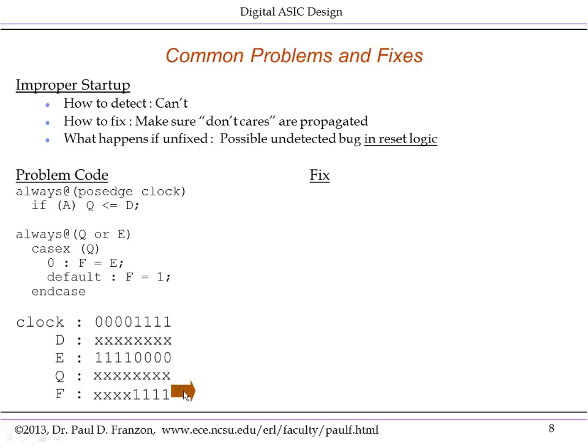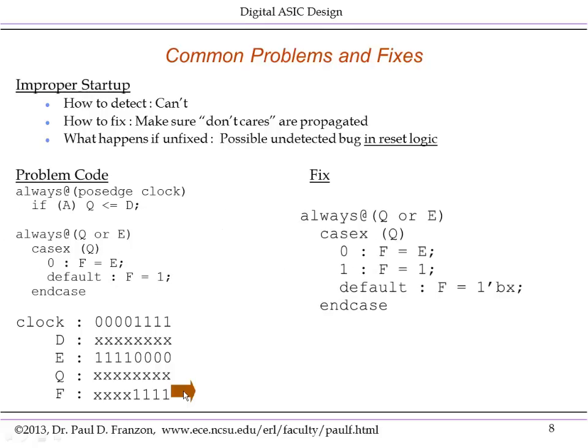Unfortunately, it can be very hard to find these. Synthesis does not tell you about them, and here we've illustrated how RTL is masking the problem for you. So what is recommended is that you write all your combinational logic blocks so as to propagate don't cares. So here's an example. I've rewritten this casex statement.